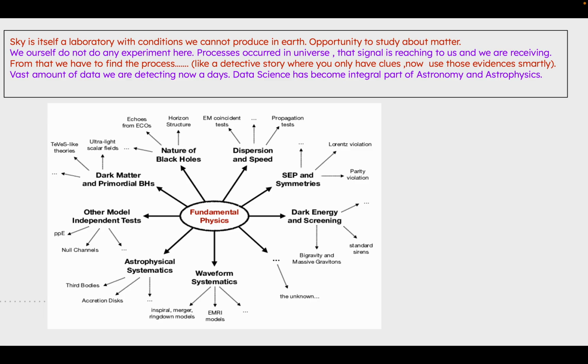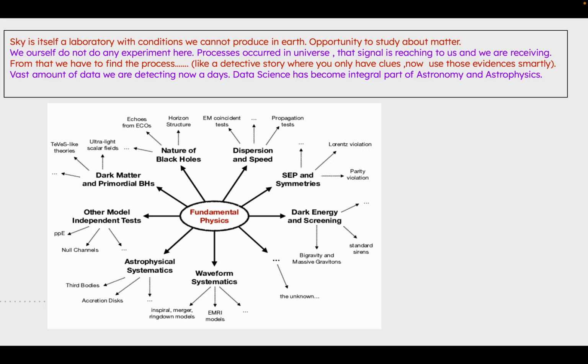So astrophysics is closely linked with fundamental physics. And also, for doing astrophysics in this current era, you have to rely on data science techniques as well.